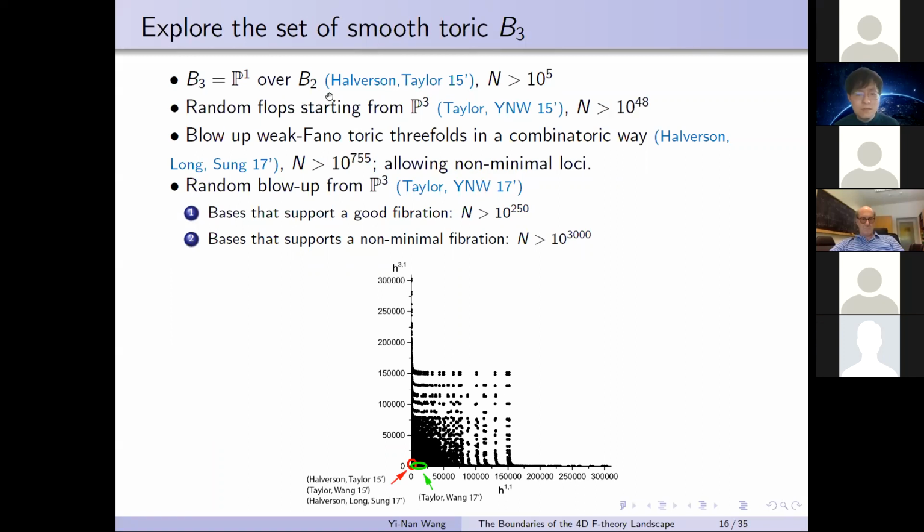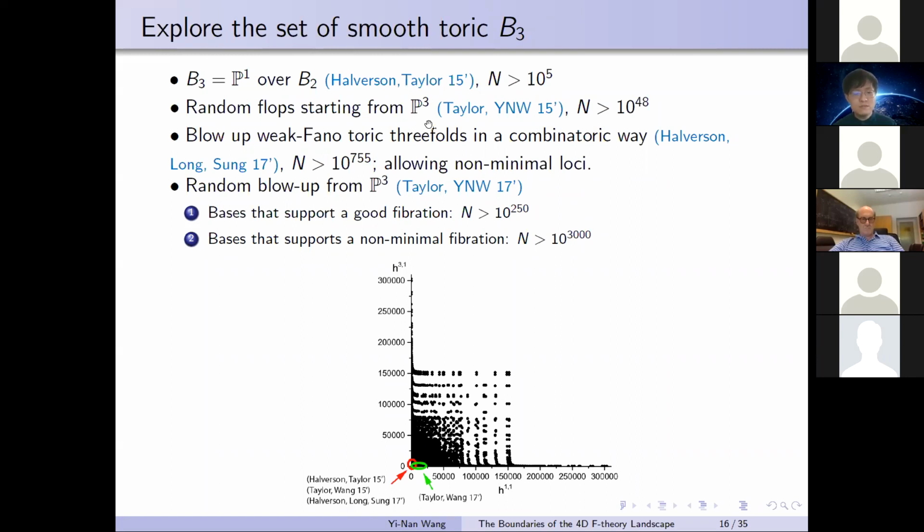And after that, me and Washington have done a random flop approach, where we just start from a simple base like P3, and we do some random flops, and then we can study the properties of the bases we scanned using some statistical methods.